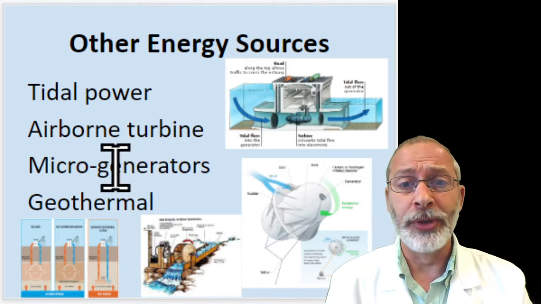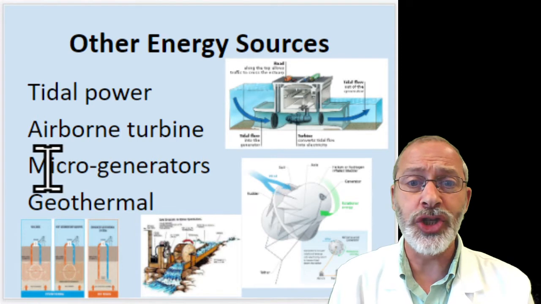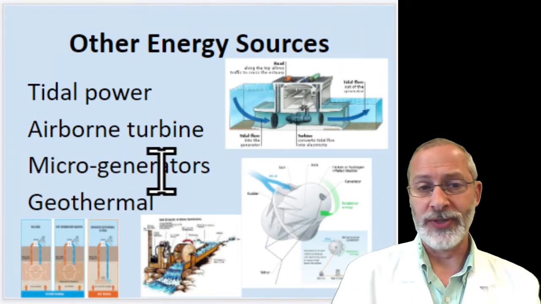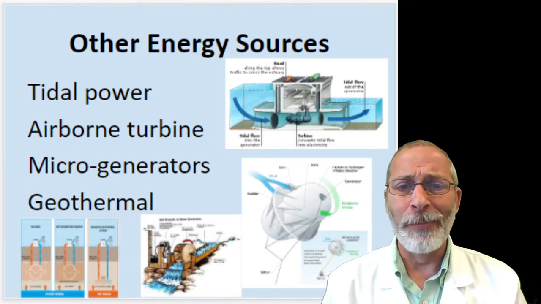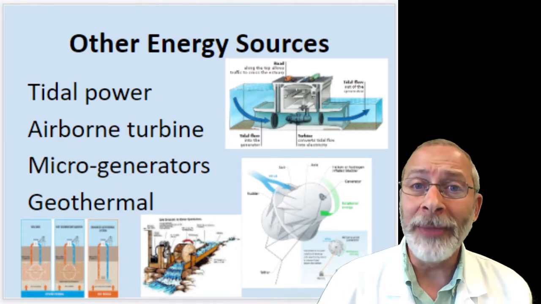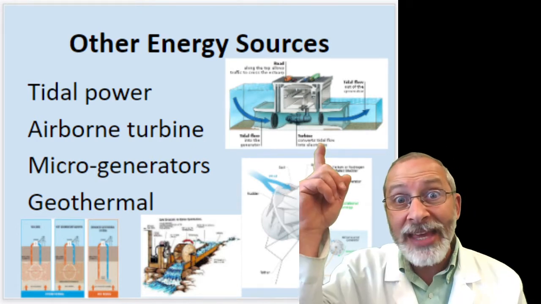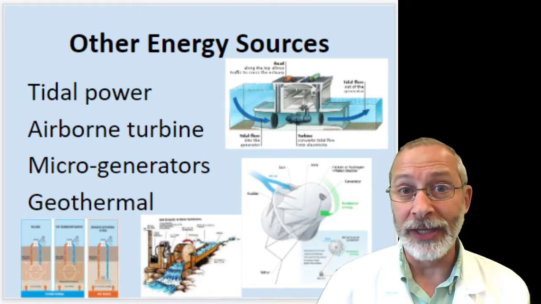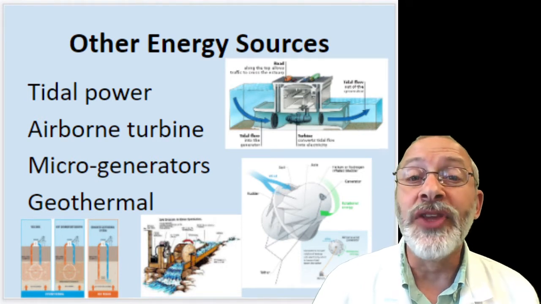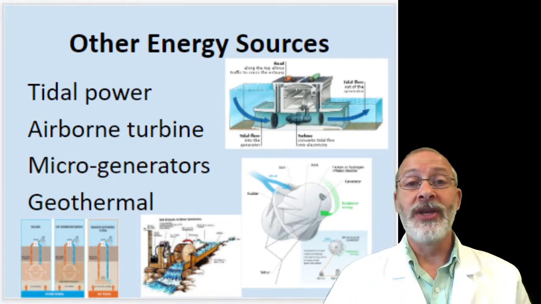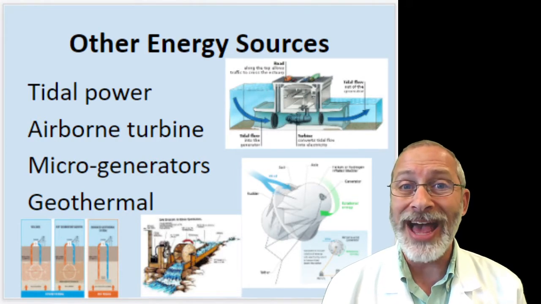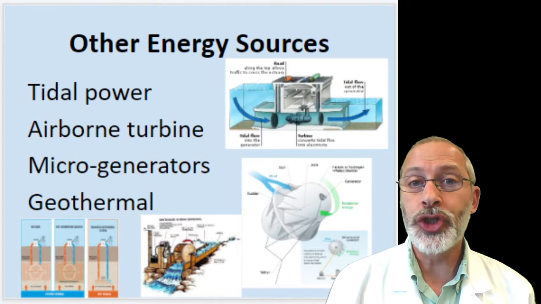Another example of an additional energy source is airborne turbines. What the heck is an airborne turbine? Well, the word airborne means that it's in the air almost permanently. It's like flying a kite in the stratosphere. Some of you may have heard of something referred to as the jet stream.